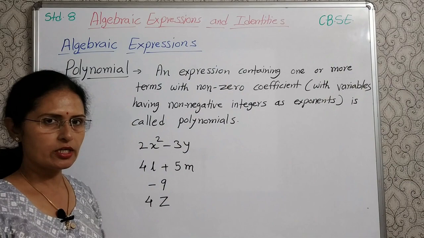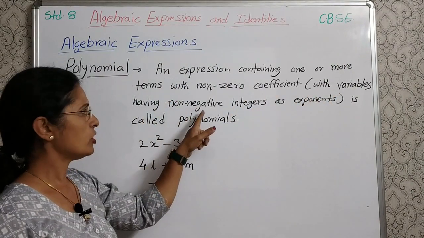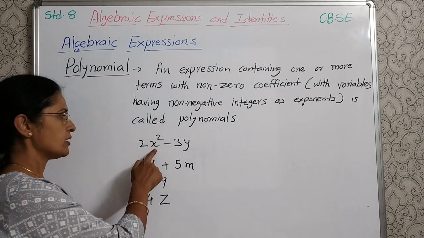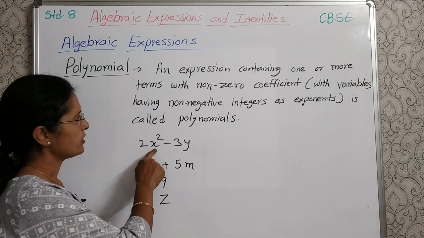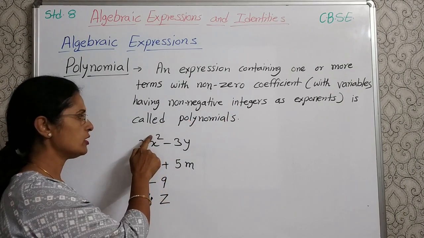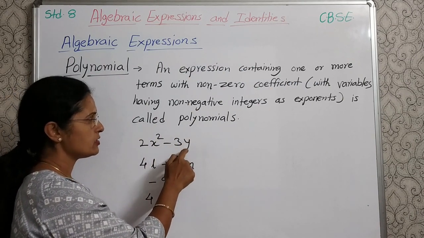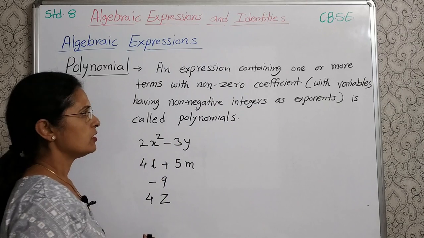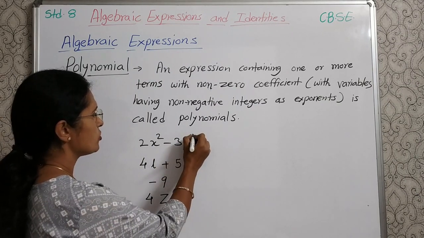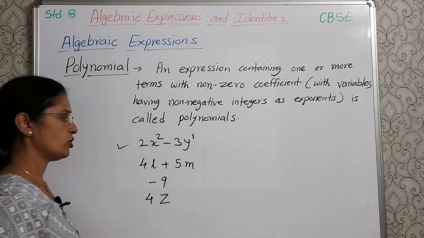It means the coefficients are non-zero, and also with variables having non-negative integers as exponent. So x is a variable here and the exponent is 2, which is non-negative integer. Then in minus 3y, y is the variable and the exponent here is 1, which is also non-negative integer. Therefore, this is a polynomial.